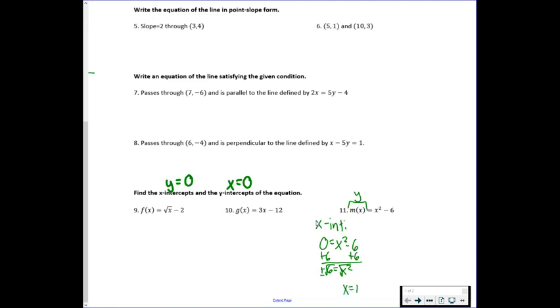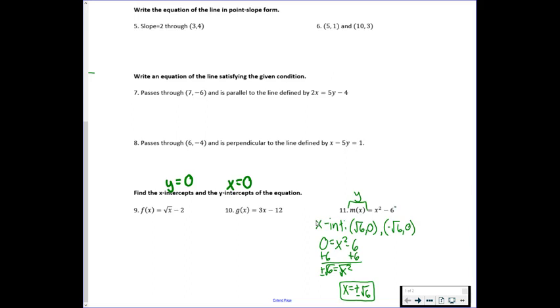So x equals plus or minus root 6. Because it had a plus and a minus, this actually has two x-intercepts. It has (root 6, 0), and it also has (negative root 6, 0), because it had two x values, a positive and a negative.